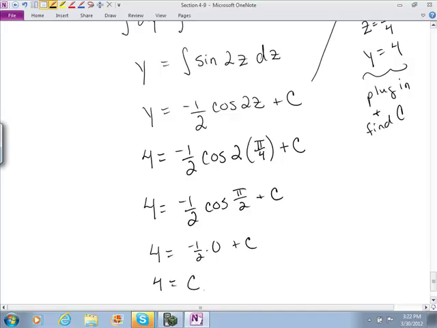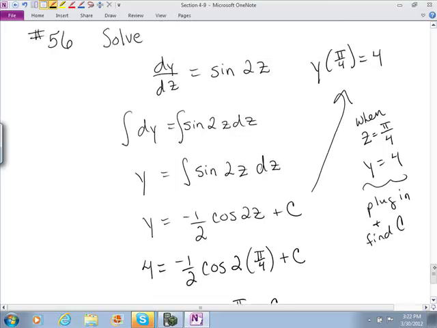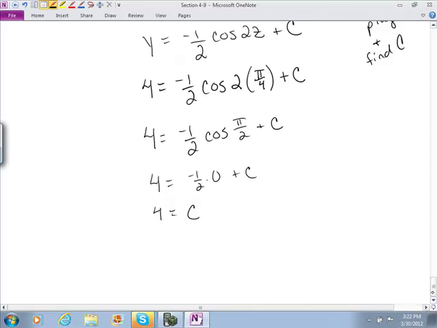So now you have found the exact equation that has as its derivative the sine of 2z. And that is our antiderivative, negative 1/2 cosine 2z plus the c, which is 4.